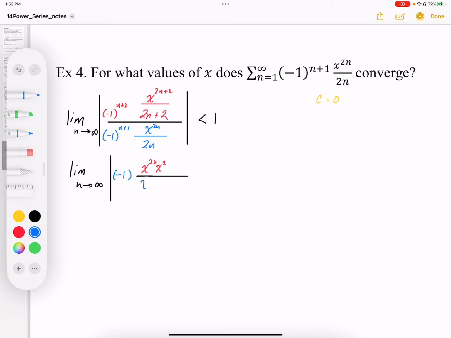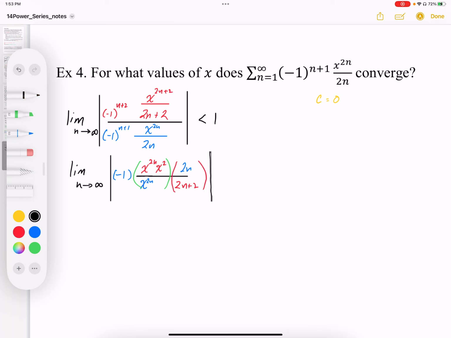In the denominator, I'm going to have x to the power 2n. That'll be grouped together because things will cancel out there. For the n terms, I end up with 2n plus 2 in the denominator, and in the numerator, it's 2n, and I'll group together those terms as well.